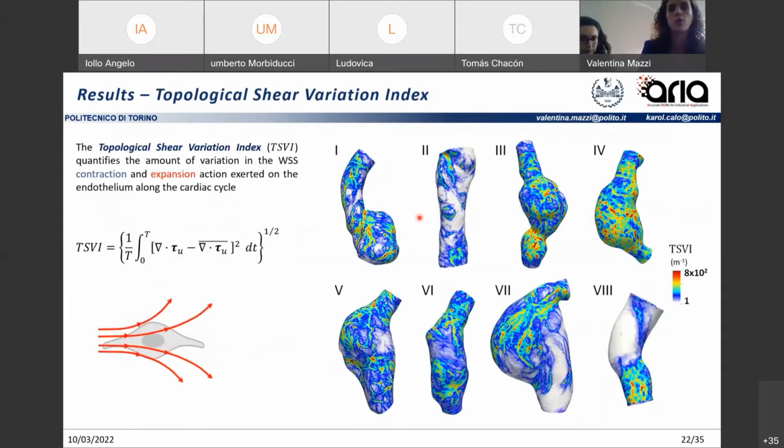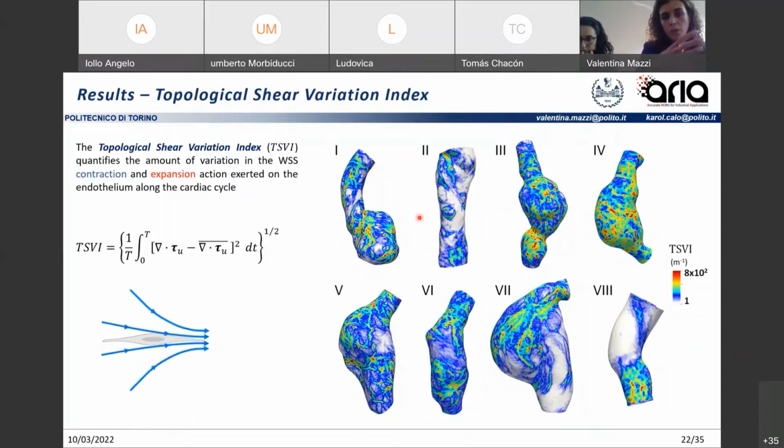In addition, we computed the topological shear variation index to quantify the variation in the wall shear stress contraction and expansion action exerted at the luminal surface along the cardiac cycle. From the results, we can observe that the expansion regions of the model, the aneurysm sac, are characterized by high TSVI values.